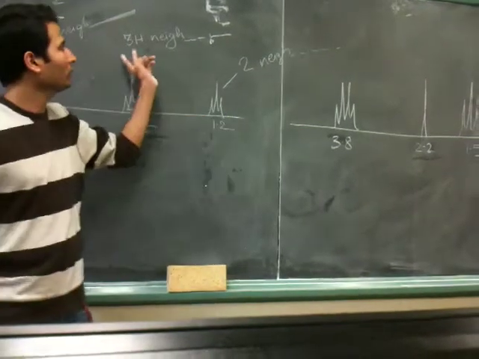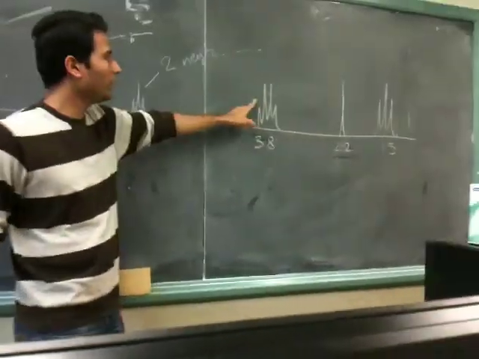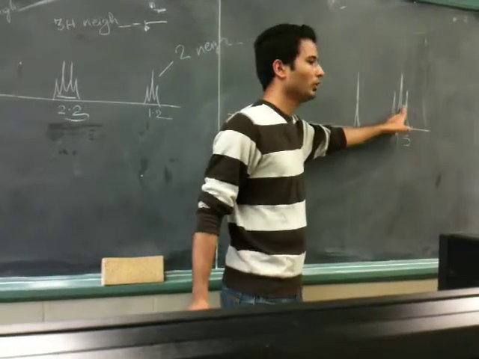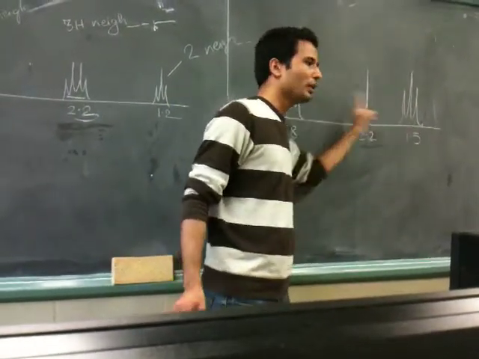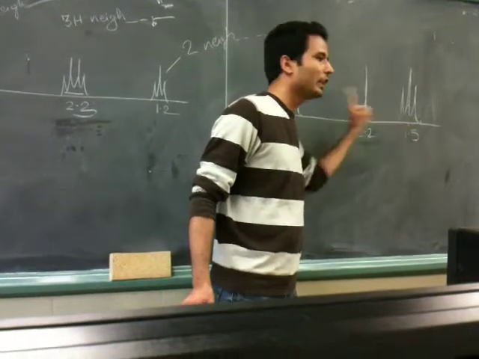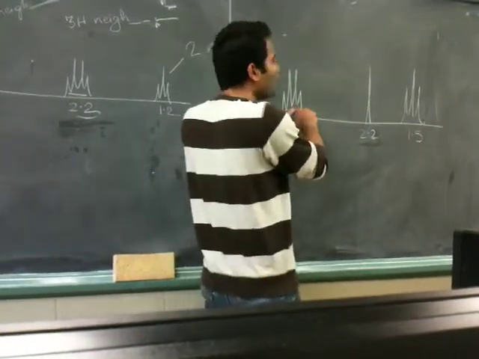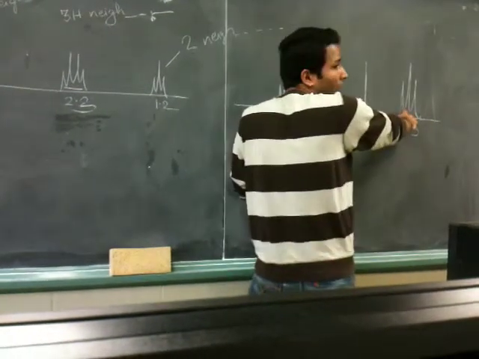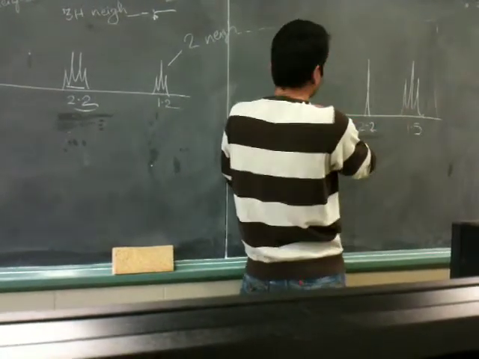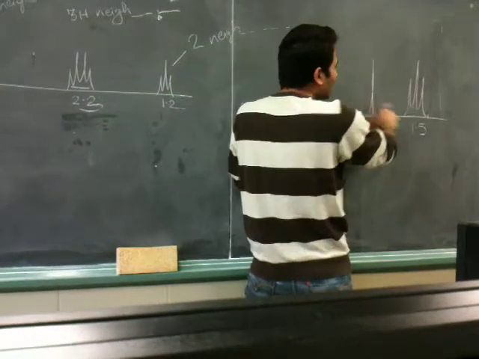Same way, you can use this information: 3 neighbors, no neighbor, 2 neighbors. You are seeing just these two splittings. These two are split. It means one has 3 neighbors and this one has 2 neighbors, for a quartet and a triplet.